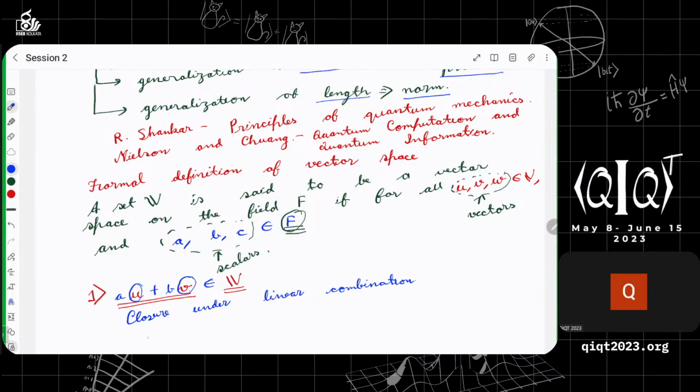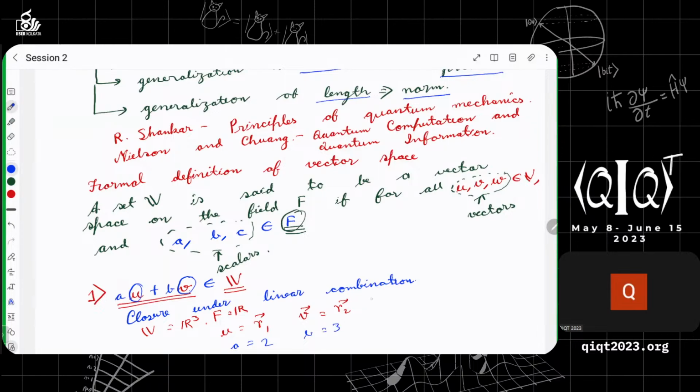So let's say V is R3, U is the r1 vector and V is the r2 vector, and F is R. A is some number, say 2, and B is some number, say 3, real numbers.